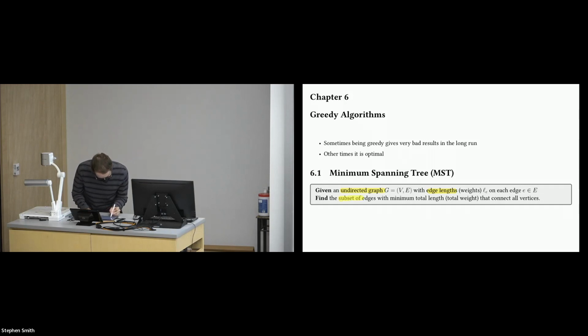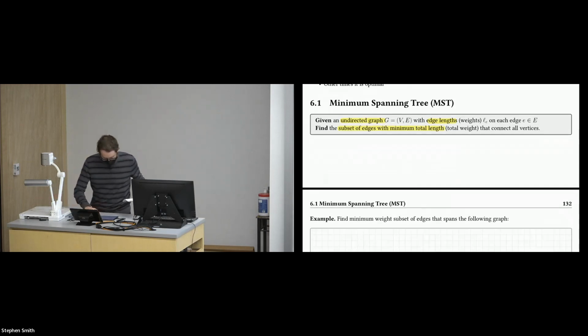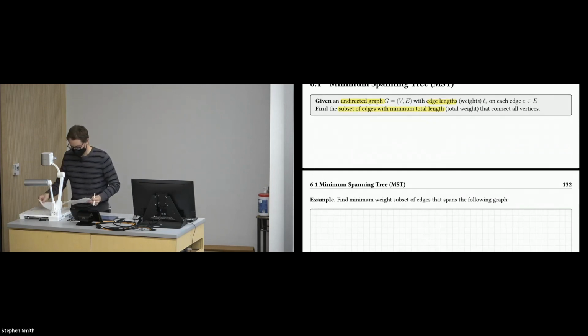So, a subset of edges with minimum total length. Okay, so let me draw just a quick example of this. And we'll actually use this example again in a moment.